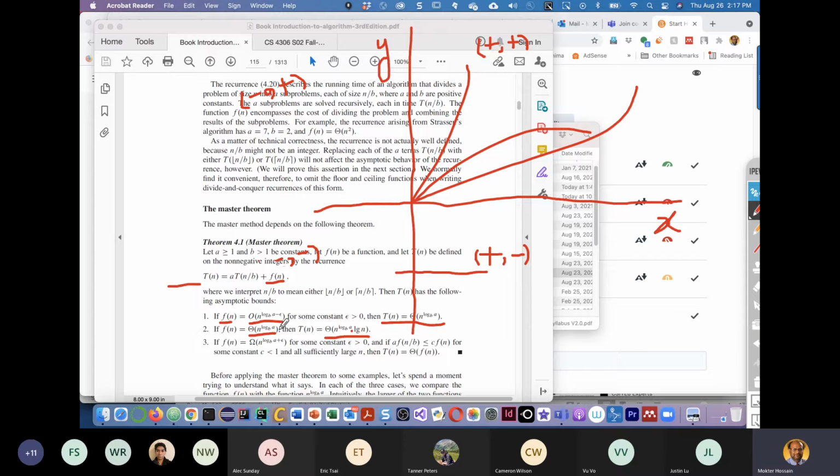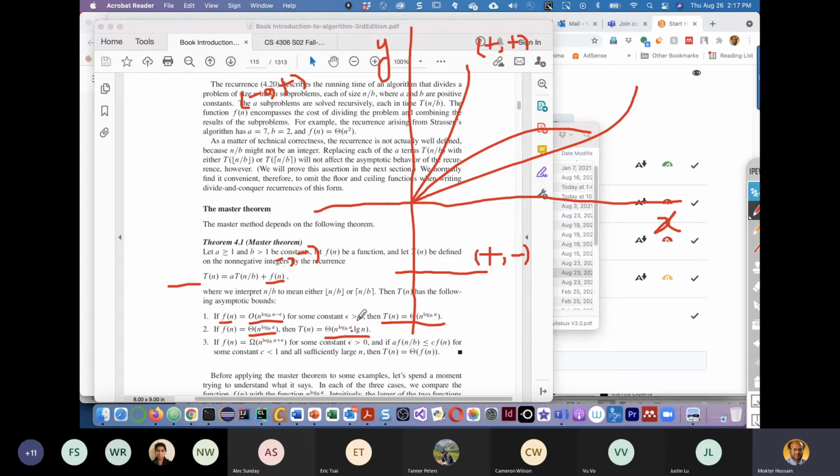And here you see, what is the value of our epsilon over here? Epsilon equals 0 here, and in the first case epsilon is not equal to 0.